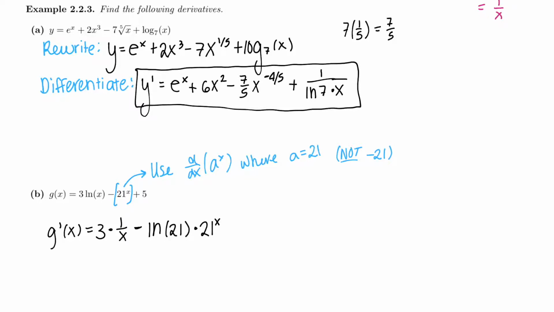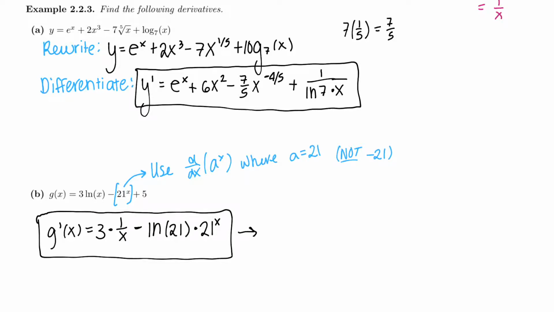And that would be your full derivative. If you wanted to, you could write 3 times 1 over x as 3 over x. And if you really wanted to, you could move the 21 to the x out front. Both of these are the same answer because multiplication order doesn't matter, and because 3 times 1 over x is 3 over x.